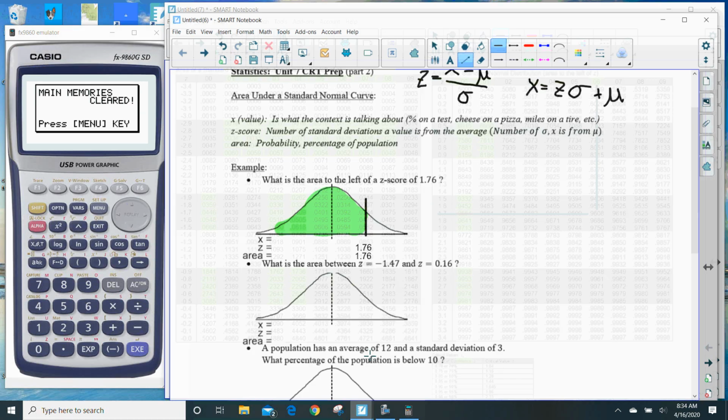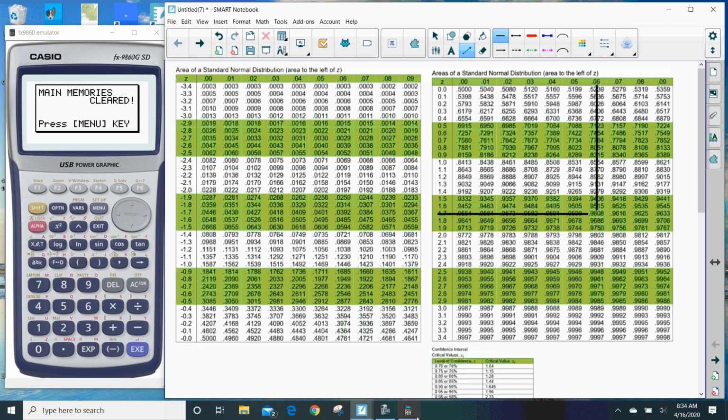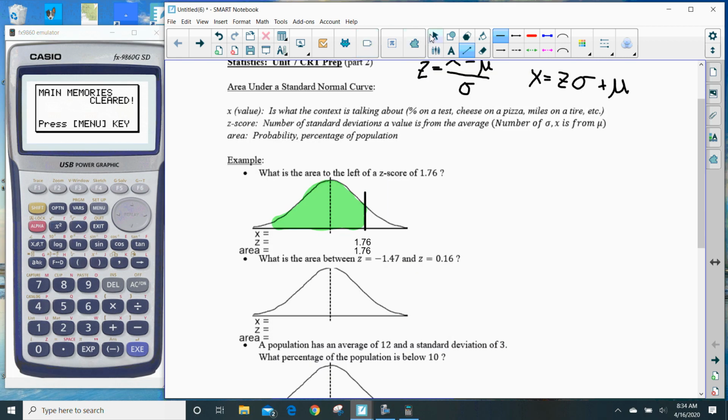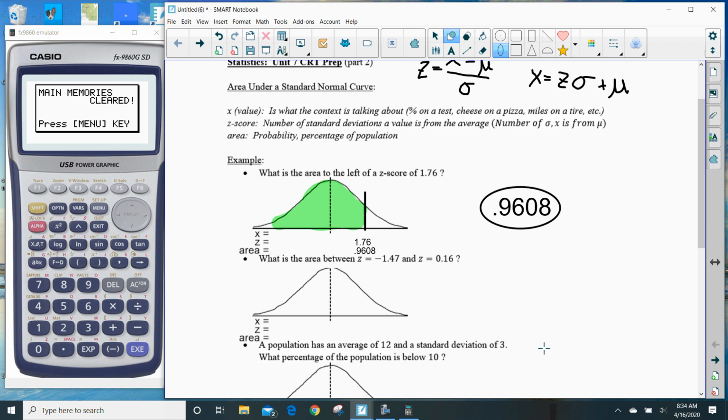That's exactly what we want. So .9608 is the answer that we were looking for.